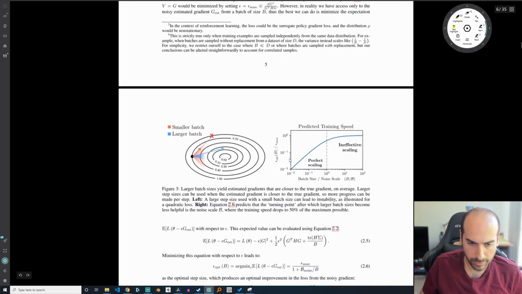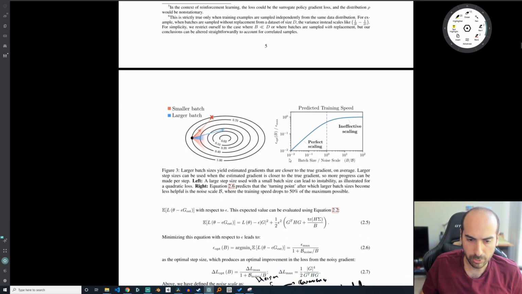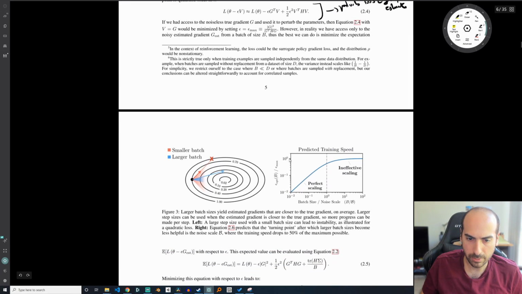Once we have the quadratic estimate, what we do is we take its expected value. And so then this is going to be the loss E of G minus epsilon of G squared.